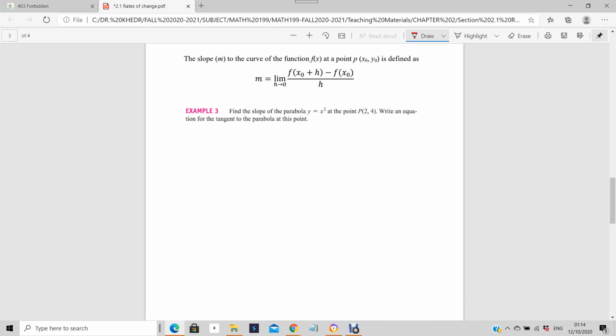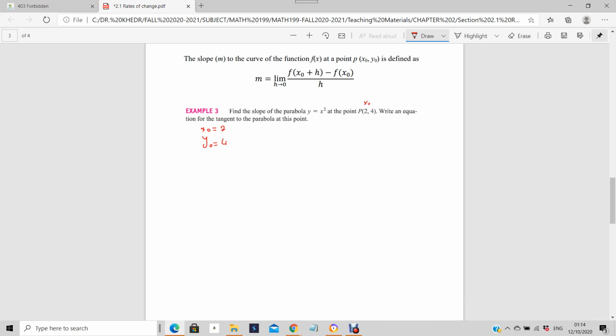So to solve such a question, you need to write first x0, which is 2, and y0, which is 4. These are the coordinates of the point in the definition.